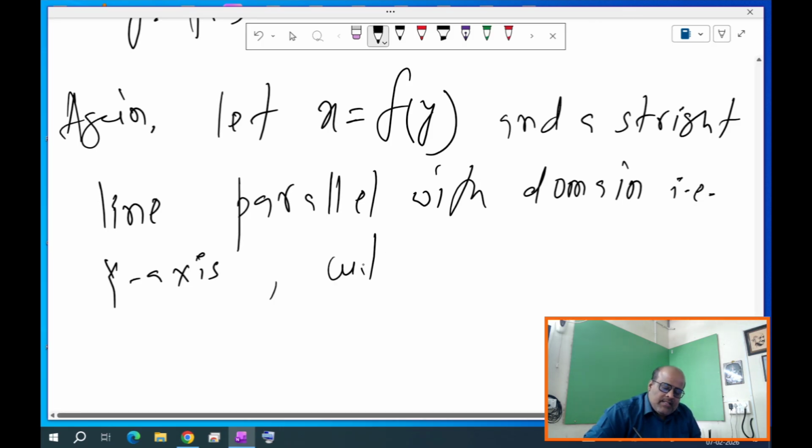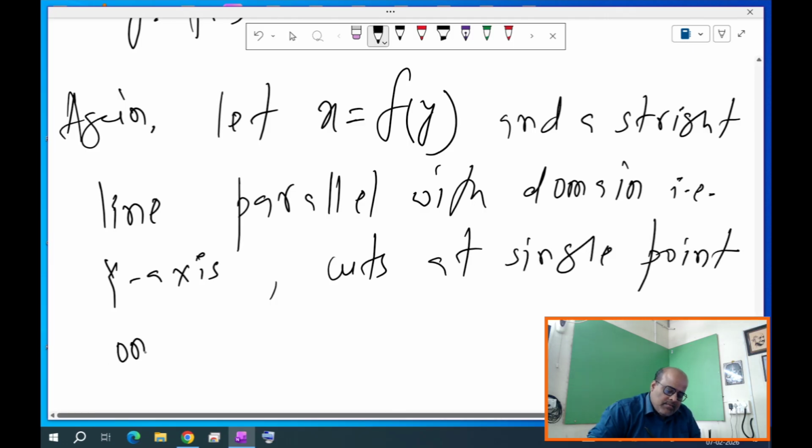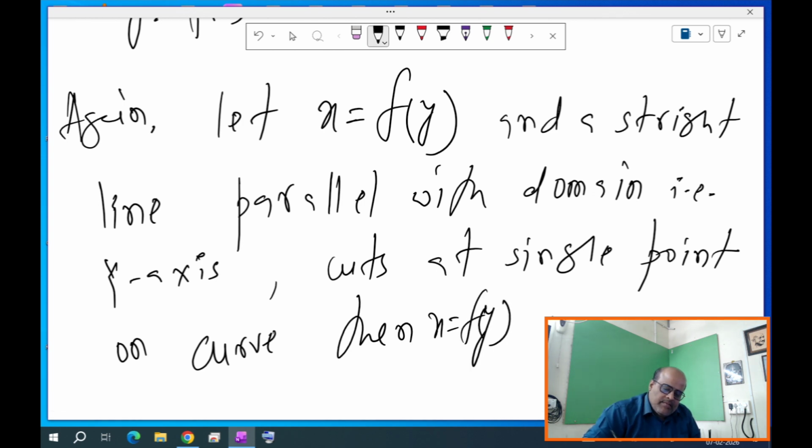After that, if it cuts the curve at a single point, then x equal to f of y is a 1-1 function.